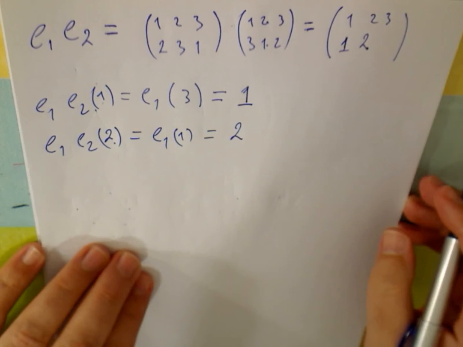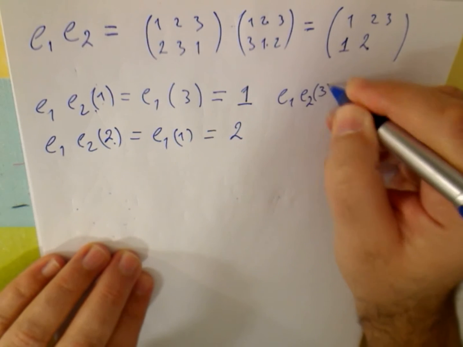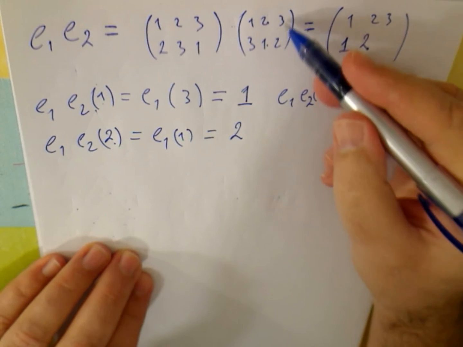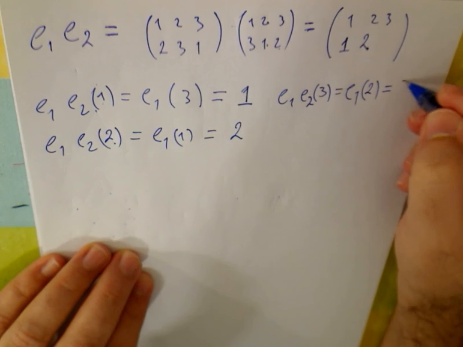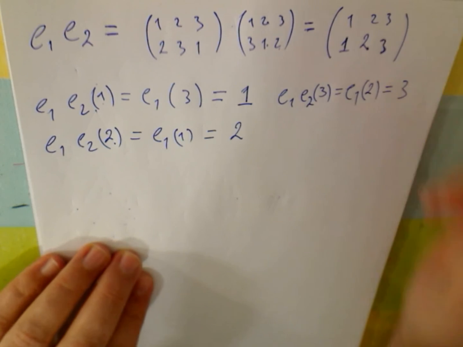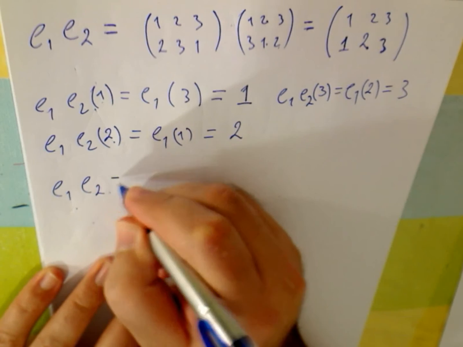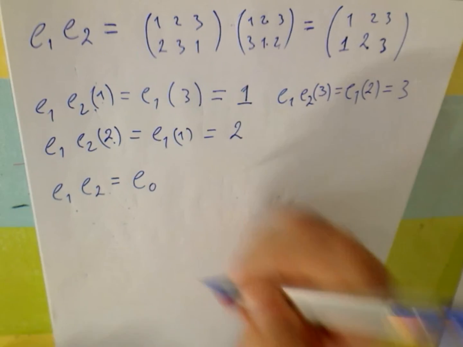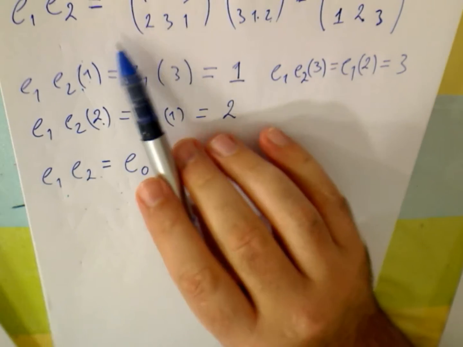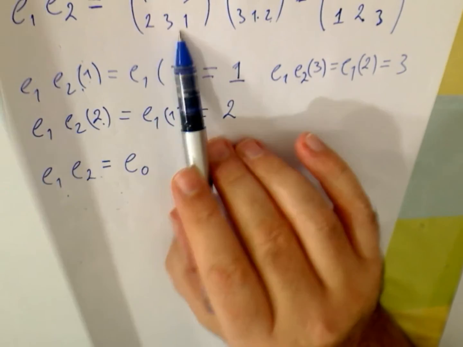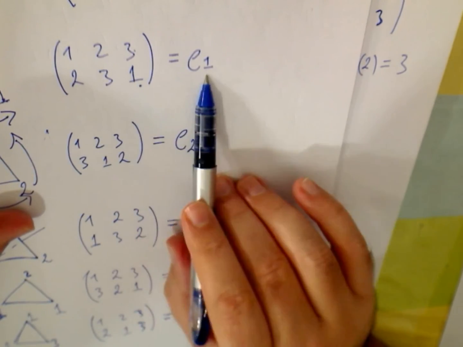And it's really easy to check that for 3, R2 of 3 goes to 2, R1 of 2 goes to 3, and 3 goes to 3. So we can say that R1 times R2 equals R0. Because this is R1: 1, 2, 3, 2, 3, 1.